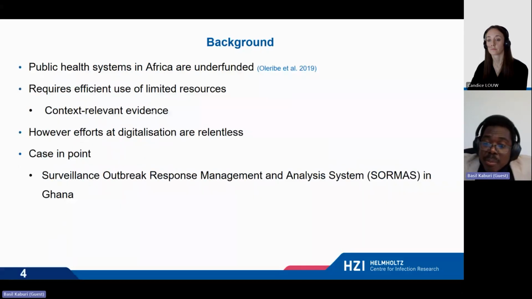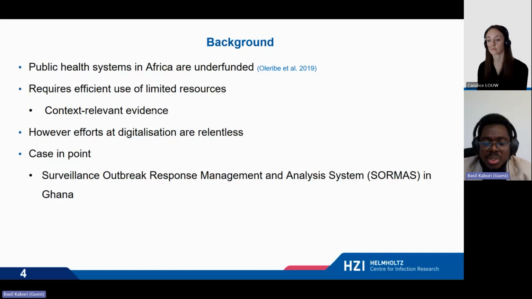To a larger picture, we also understand that public health systems in Africa are underfunded. This requires that the limited resources be efficiently used, and the efficient use of these resources will require some context-relevant evidence.